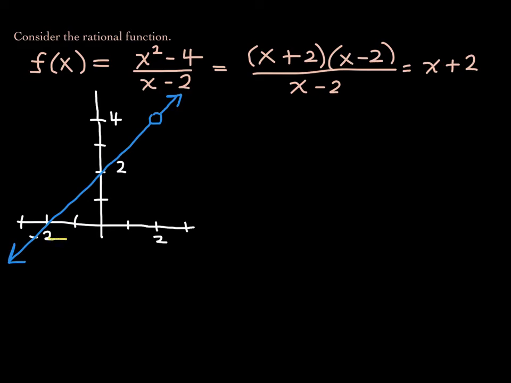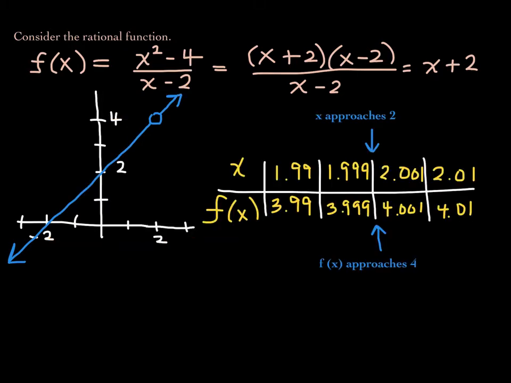As x values increase toward 2, my function values are increasing, approaching the function value of 4. And the same thing is happening on the other side as well. If you allow x values to approach 2 on the right, your function values are approaching 4.